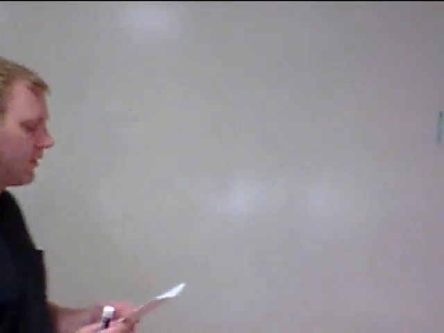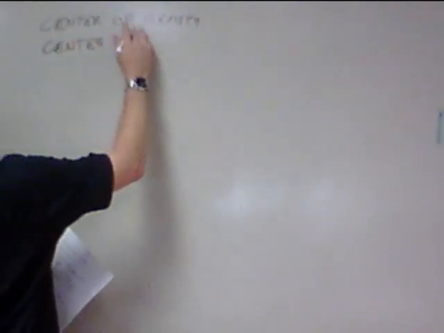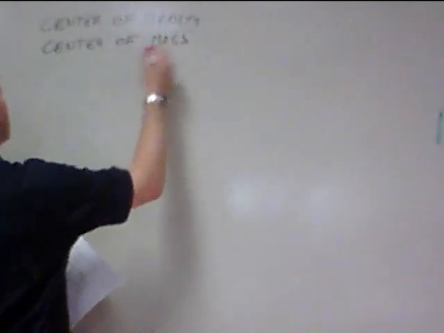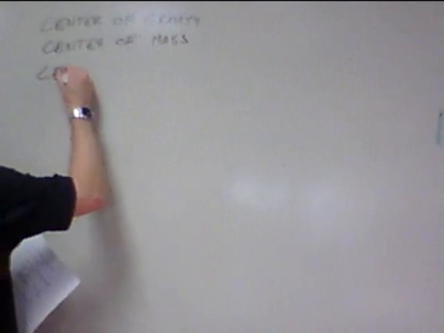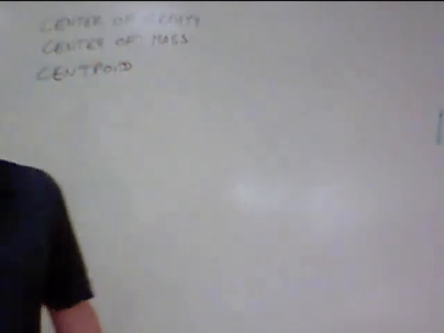The next topic we have to address is out of chapter 9: center of gravity, center of mass, and centroid. So these are three very closely related topics.